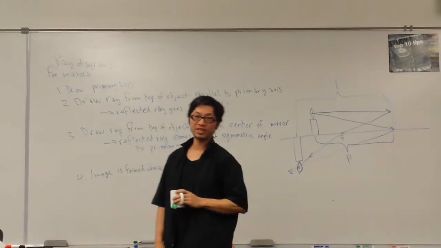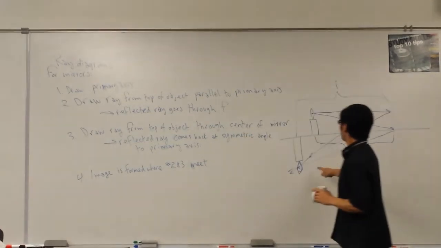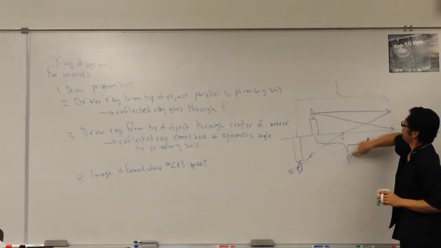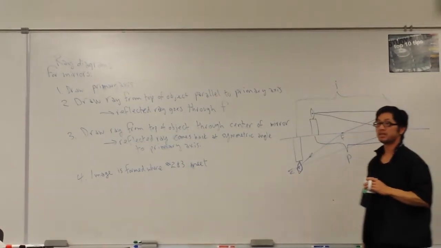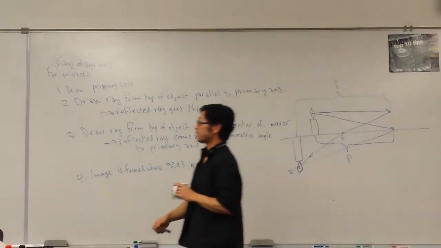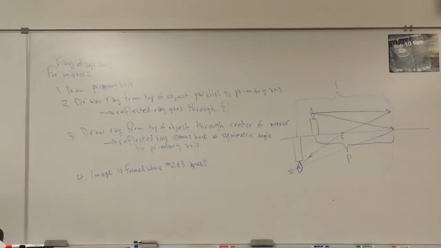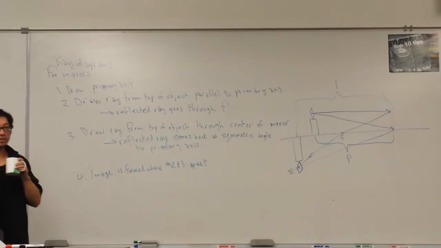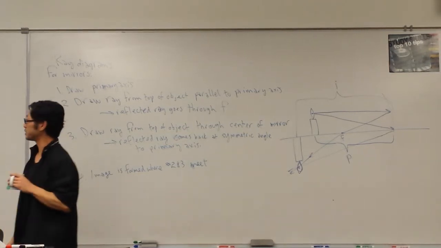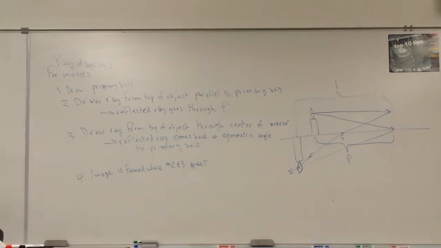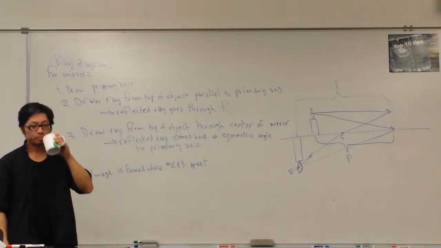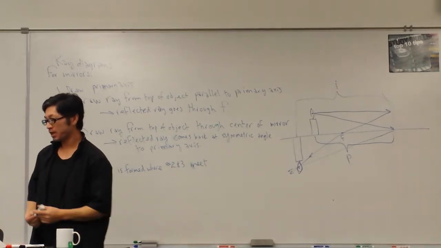P, I, and F. So we've got 3 things that we want to talk about: P, I, and F. And so we can do some nice, easy, thin lens, spherical mirror approximations for exactly where those things are with this equation right here: 1 over p plus 1 over i equals 1 over f.